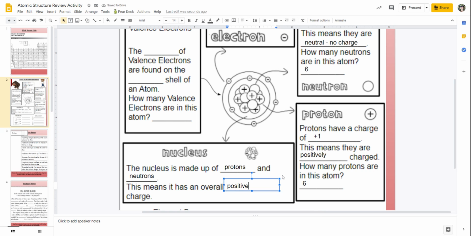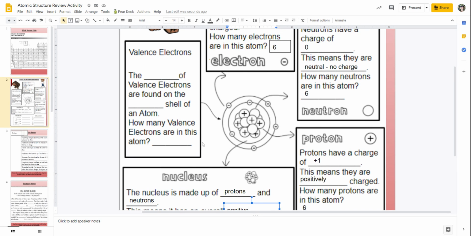So it's an overall positive charge in the nucleus. That also means that the electron cloud is overall negatively charged, because the electron cloud is made up of electrons, which have negative charge. So the overall cloud or rings are negatively charged.